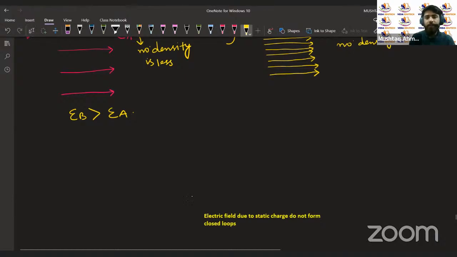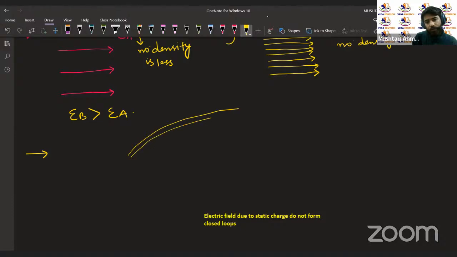Let's discuss another case. Let's suppose that these are the electric field lines here.